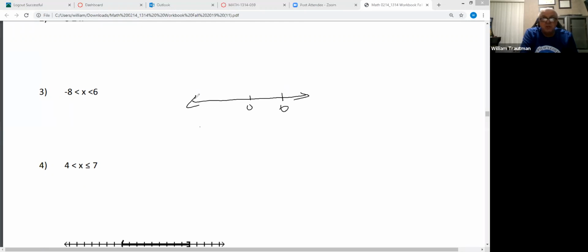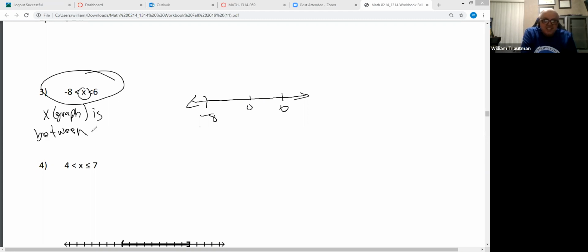We have a 6 and we have a -8. The way to say this, watch this, x, or you can say the graph. You always start with the x. The graph is between these two numbers. The graph is between -8 and 6.